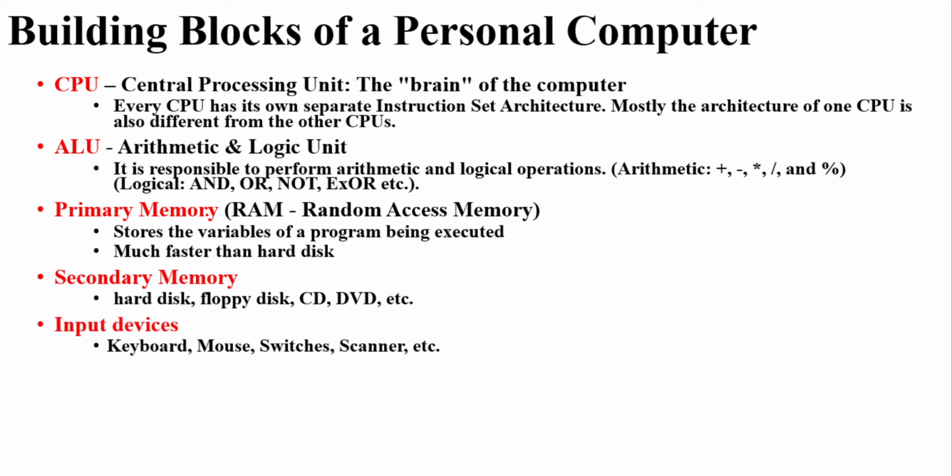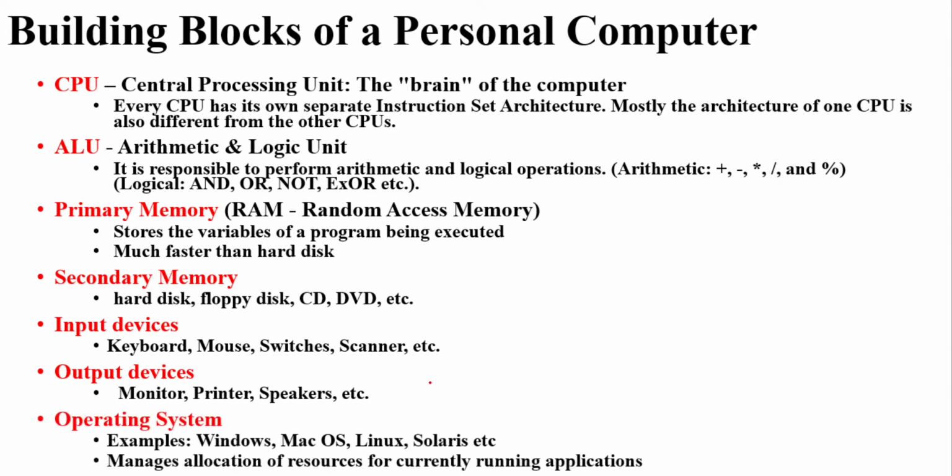Now, apart from these important blocks, we have input devices like keyboard, mouse, switches, scanners, and so on. And then, just like input devices, we have output devices in a PC like monitor, printer, speakers, and so on.